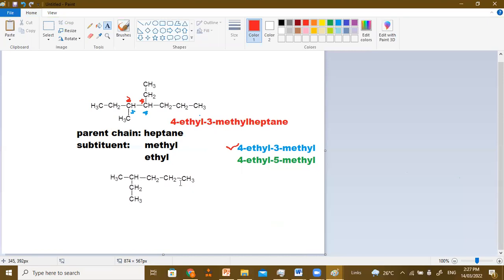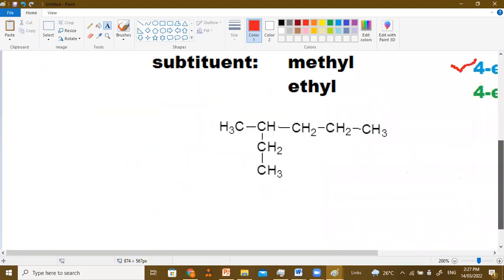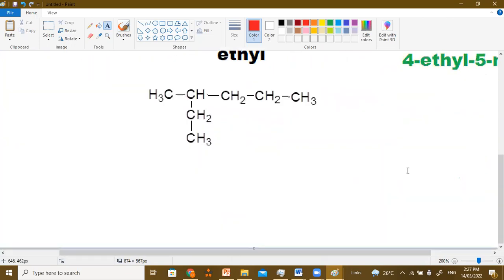Okay, what else? This one, number 2. What is our longest continuous carbon chain here? Anyone? How many carbons? Pentane. Okay, 5.